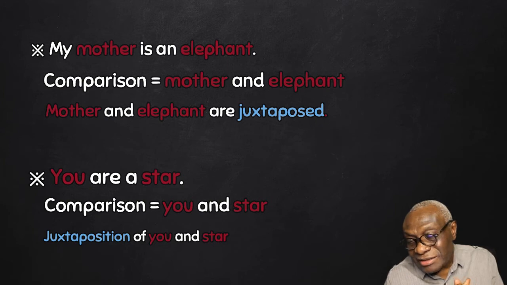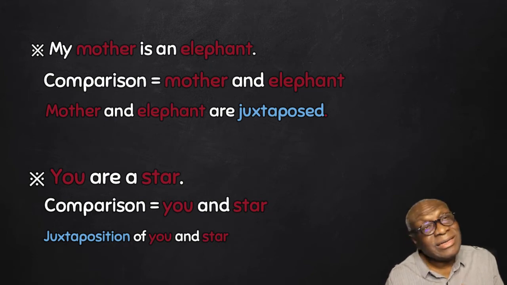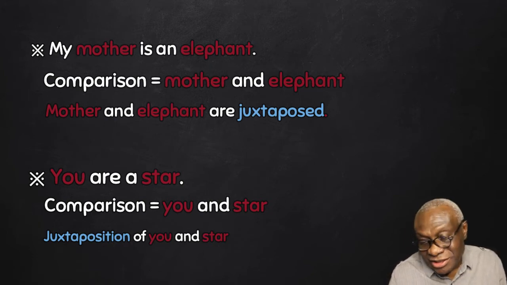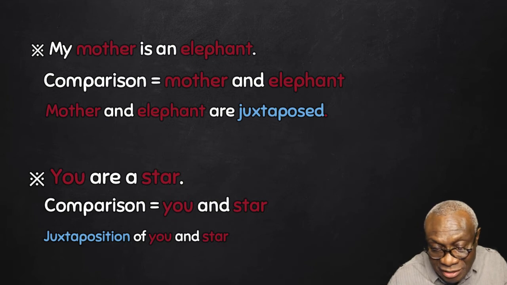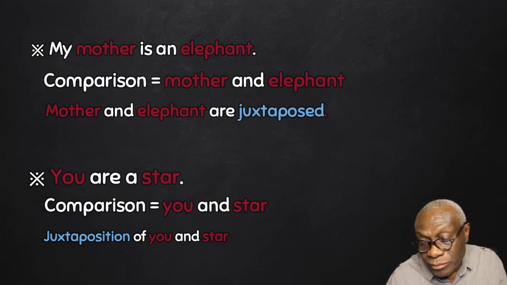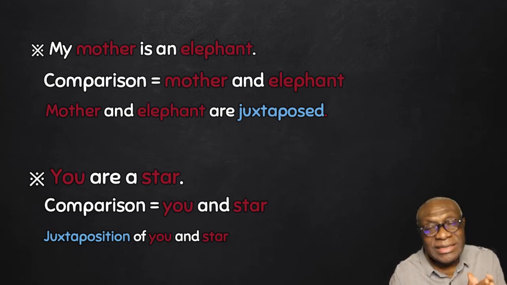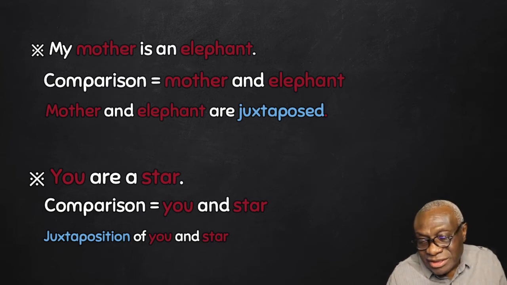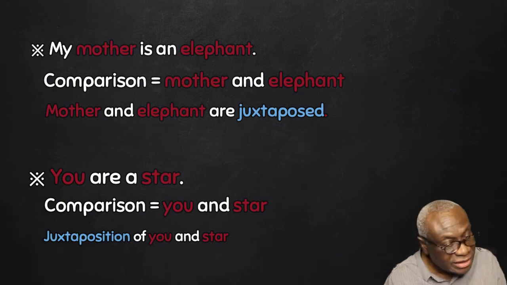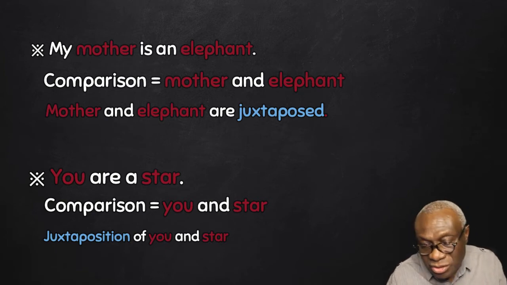So my mother is an elephant, mother and elephant are juxtaposed, and you are a star, you and star, so that is juxtaposition. Juxtaposition is putting two things side by side. That is what juxtaposition is about. Juxtaposition, putting side by side two things, two images, two concepts, whatever you have.